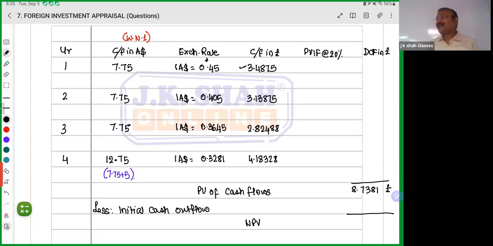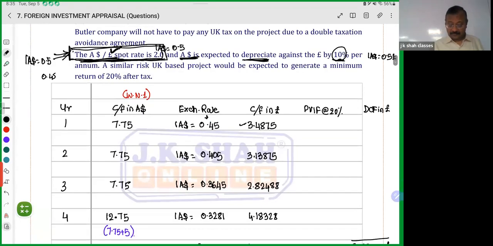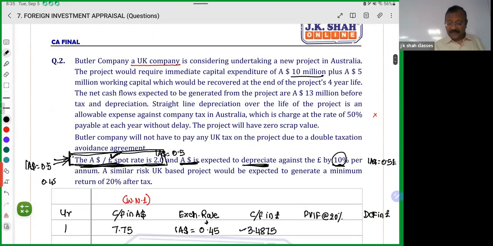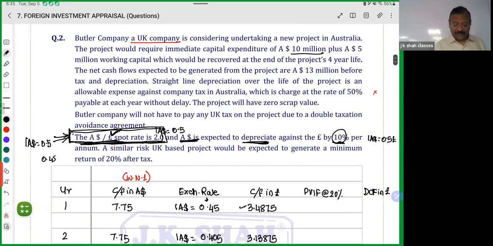Initial cash outflow कितना होगा? How much is the initial cash outflow? किसको convert करोगे? 10 million plus Australian dollar 5 million, right?